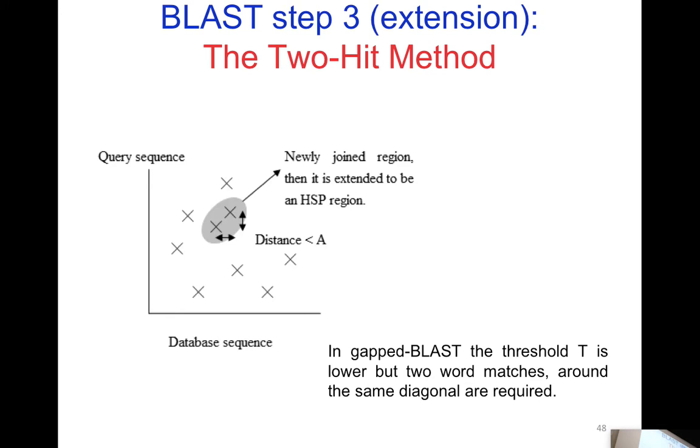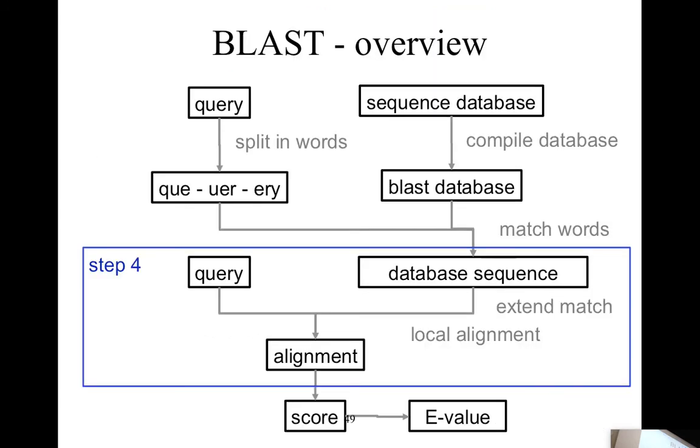So given some cutoffs, you look at two words, and if they're on or roughly on the diagonal, we start extending the hit as before. So now we need two matches with a slightly lower threshold. Alright, so that's the two-hit method.